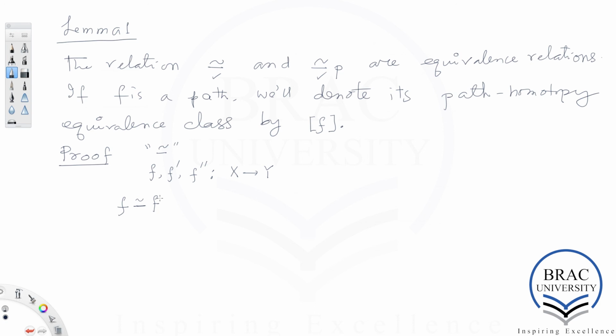We need to show that there exists a homotopy from f to itself, and this homotopy, big F, from X cross I to Y is going to be defined by big F of x comma t is equal to f of x for all t in I. So if this is the case, then we immediately see that F of x comma 0 is equal to small f of x, which is equal to F of x comma 1.